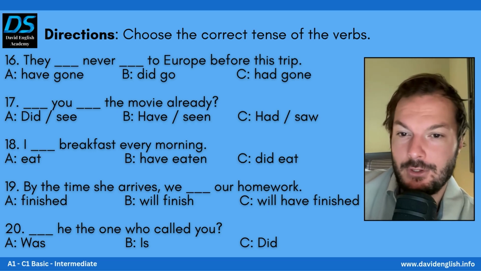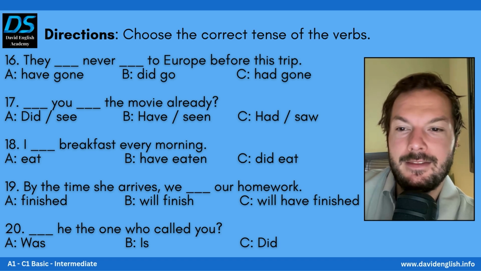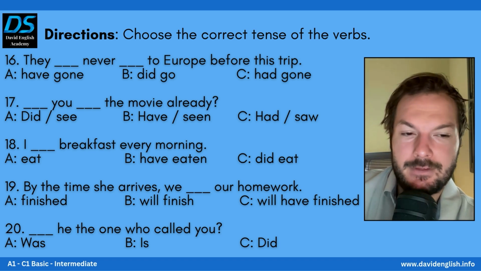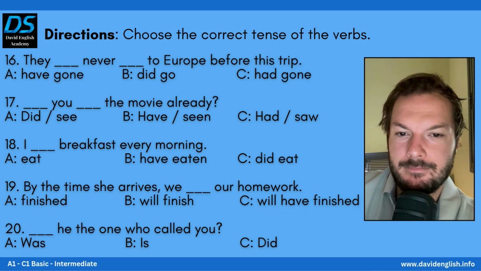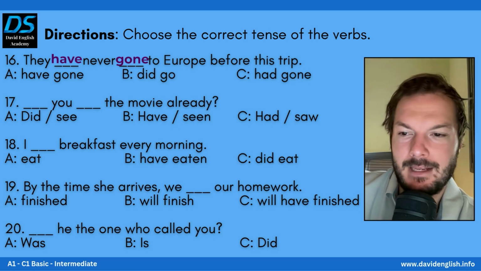They did never go to Europe before this trip? Or they had never gone to Europe before this trip? I would say we're going to go with present perfect. They have never gone to Europe before this trip.